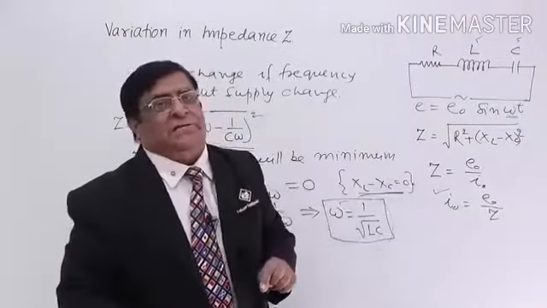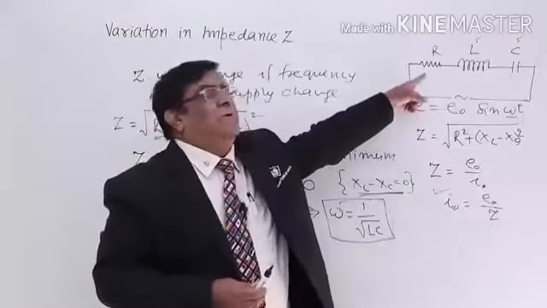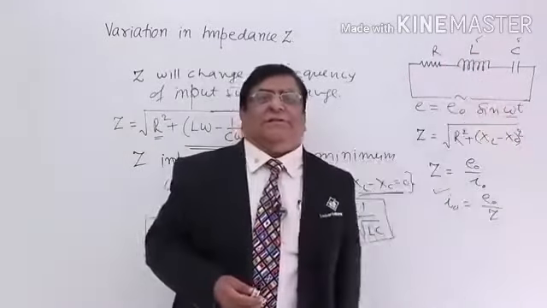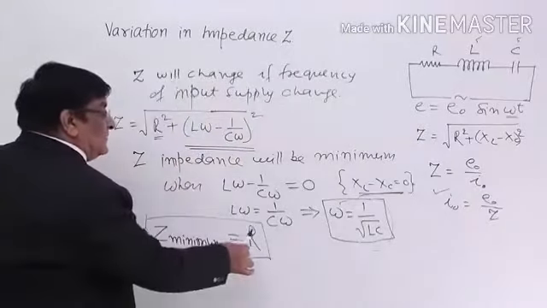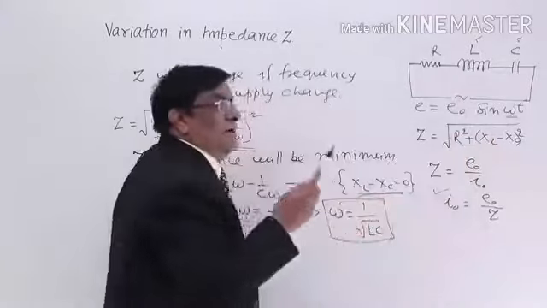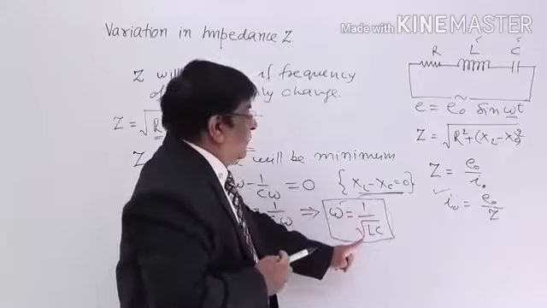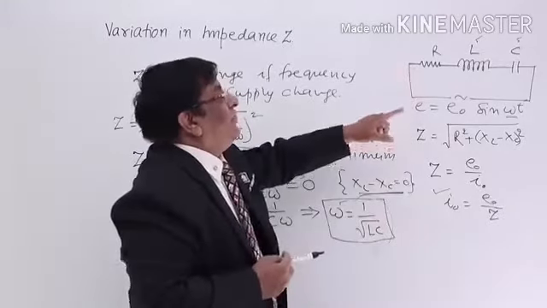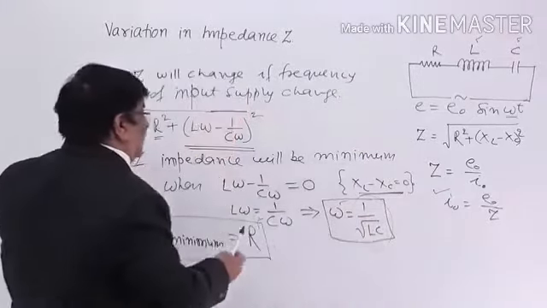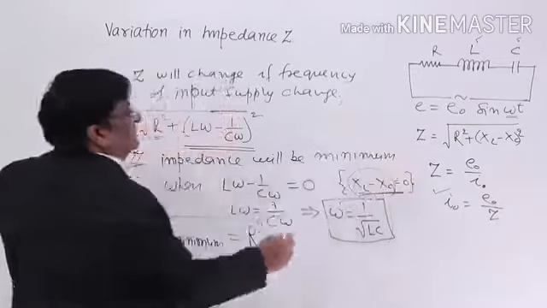In any LCR circuit, the minimum impedance of the circuit will be equal to the value of R, because XL and XC have cancelled each other. This happens when omega is selected as 1 upon root LC. In that case XL and XC become equal and cancel out each other.